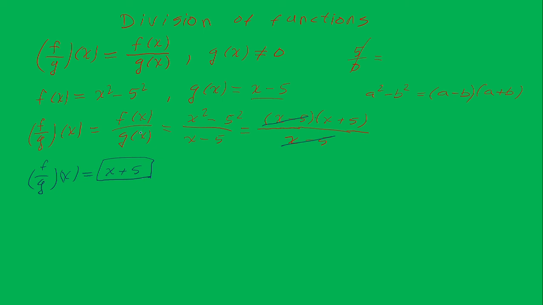So again, this is division of functions. We have two functions given, and we need to divide this one by that, right? Top divided by the bottom. And in this case, it reduced, similar to, let's say we had 8 over 2.